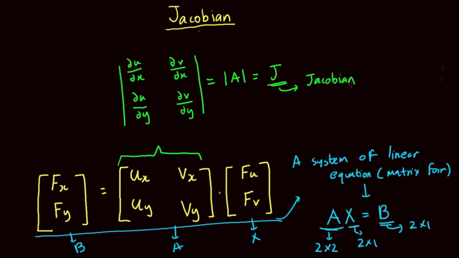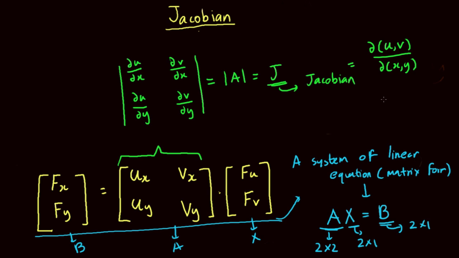And sometimes you can write a Jacobian as simply del (u, v) over del (x, y). You can represent it like this. And that's basically what the Jacobian is about.